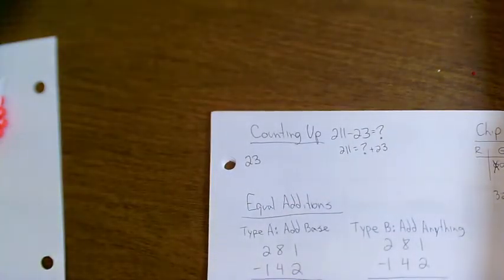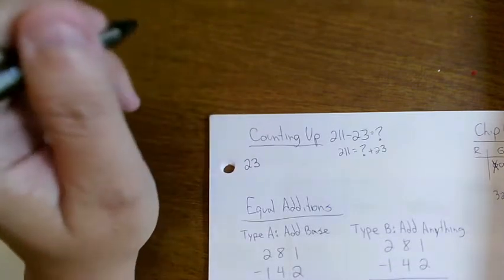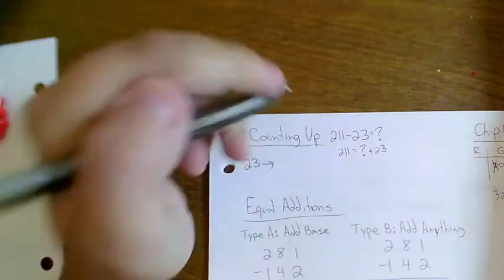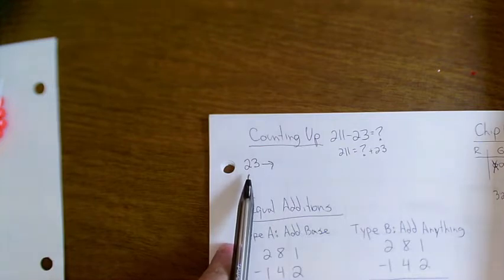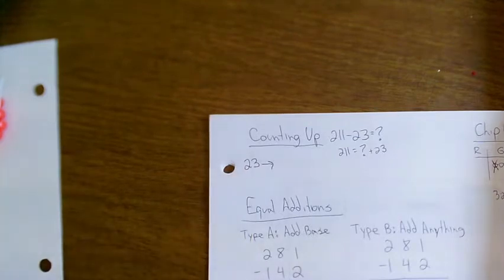Okay, so that's the idea. So with counting up, you want kids to just be picking numbers that are easy for them to do in their head. So I would not pick anything crazy if I was counting up. Like I wouldn't add, let's say, 84 or something like that. So it needs to be nice numbers, usually involving making groups of 10 or nice even numbers.